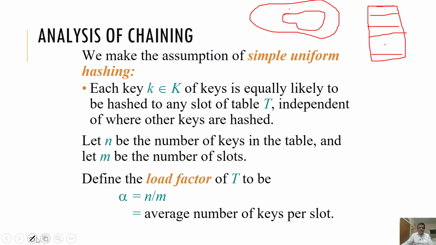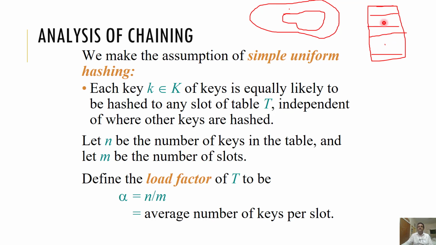So now the question is, when is a hash function called a good hash function? That means the 100 keys are distributed uniformly over the slots. That is called simple uniform hashing. We want our hash function to be good in the sense that each key should be equally likely to be hashed to any one of these slots.